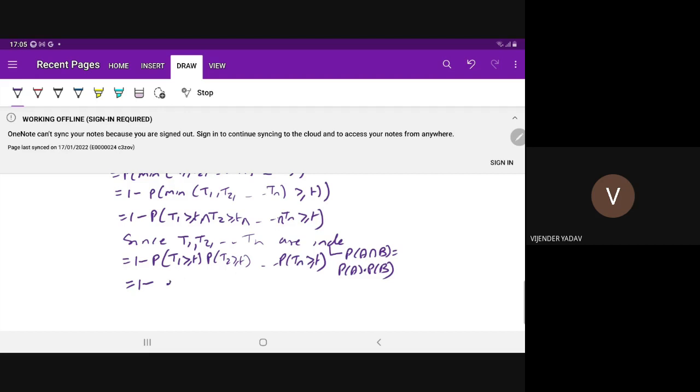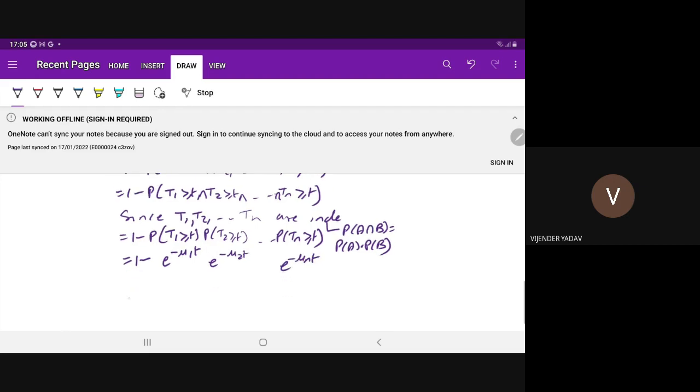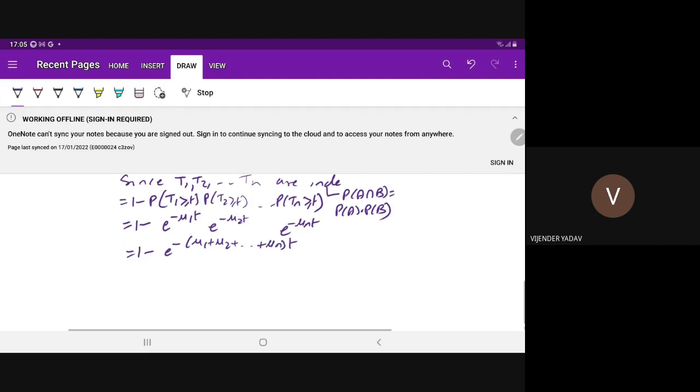So this will become e to the power minus mu1 t, times e to the power minus mu2 t, and e to the power minus mu n t, which can be written as 1 minus e to the power minus (mu1 plus mu2 plus ... plus mu n) times t. And what is this?